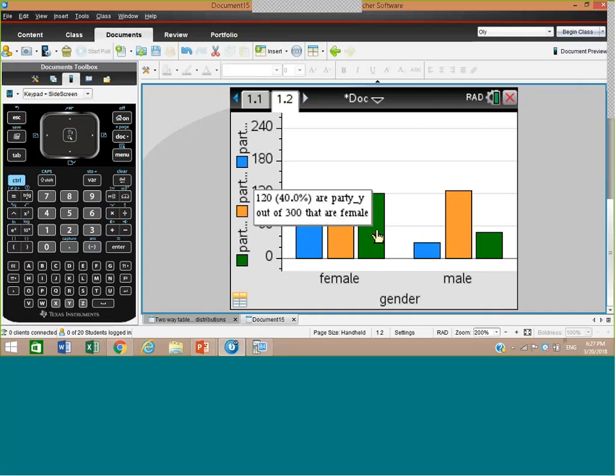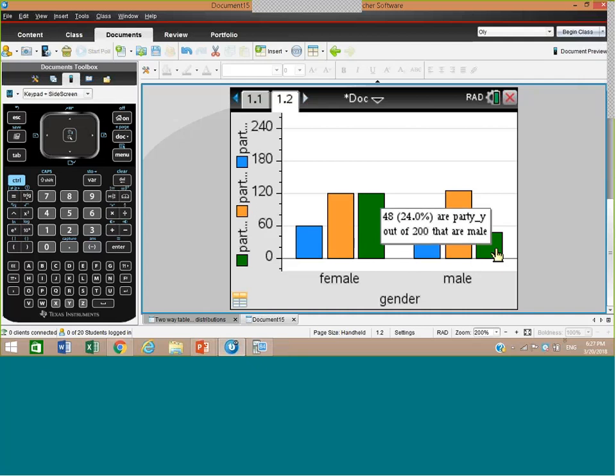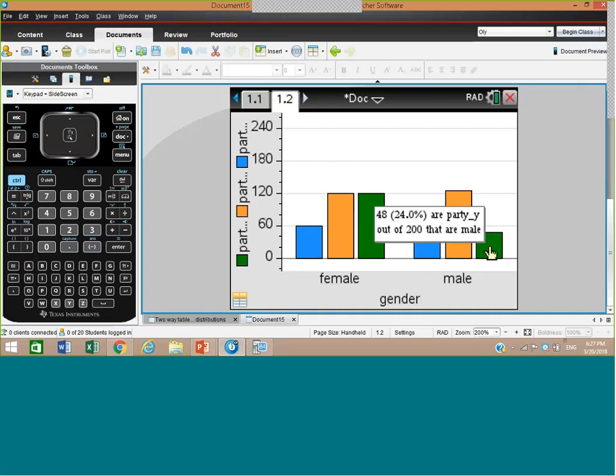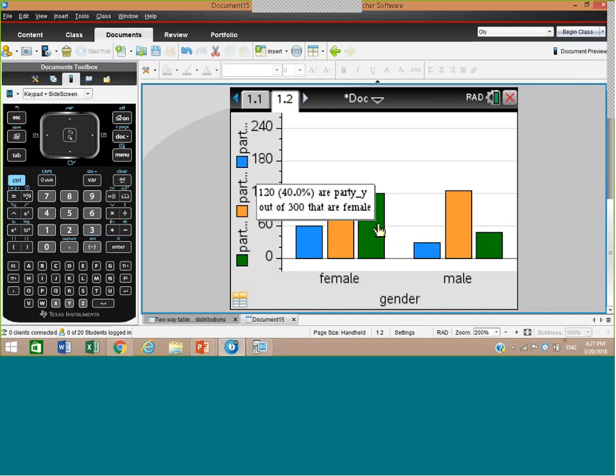So that's the two green bars. It's not the direct comparison that the definition asks us to use, but this is good enough. If these two numbers, the 24% in the right-hand green bar and the 40% in the left-hand green bar, had been equal, then when we looked at the table, the total in the Party Y column would have been the same as well. All three of those numbers would have to be the same.